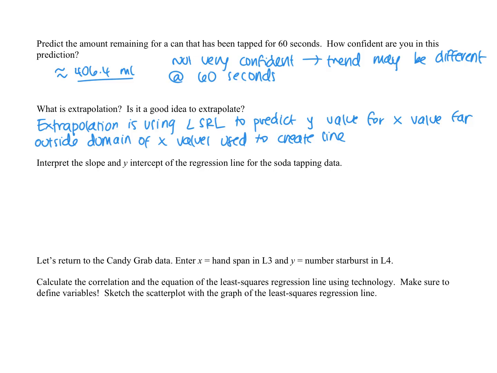So it's using your least squares regression line to predict the y value for an x value that is far outside the domain of x values used to create the line.